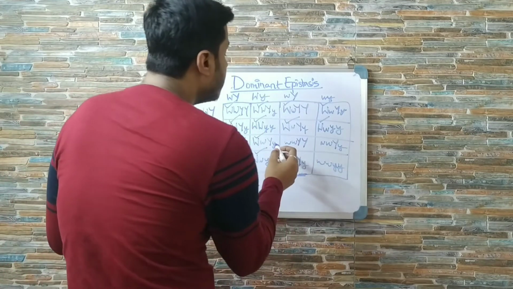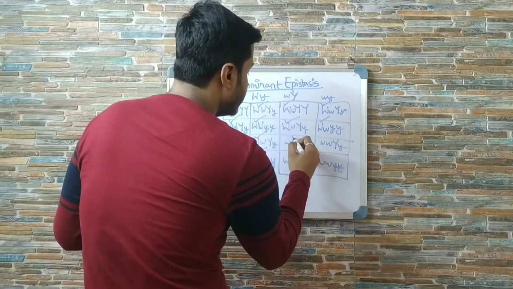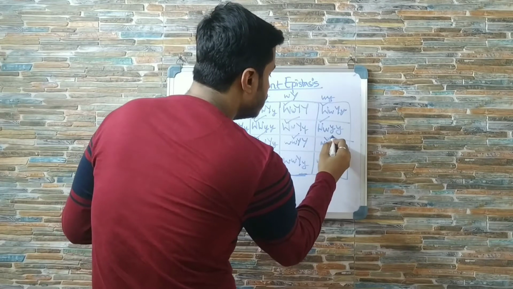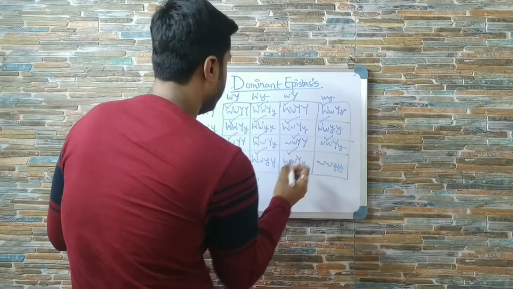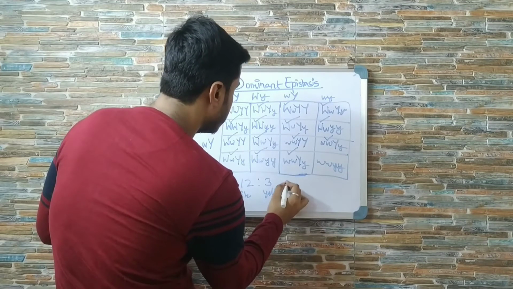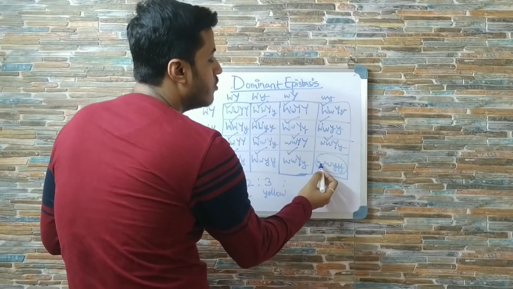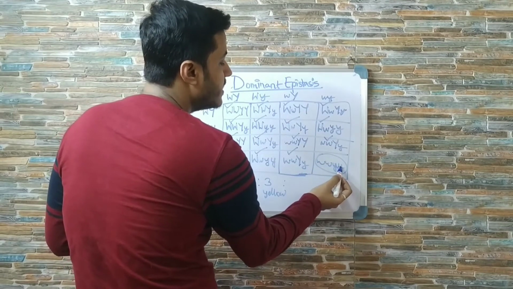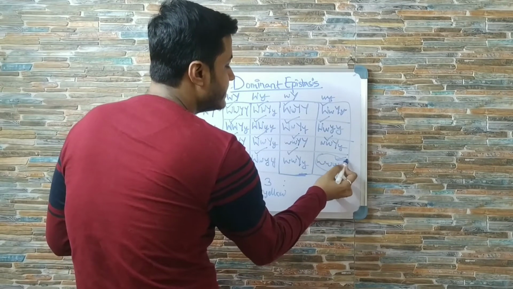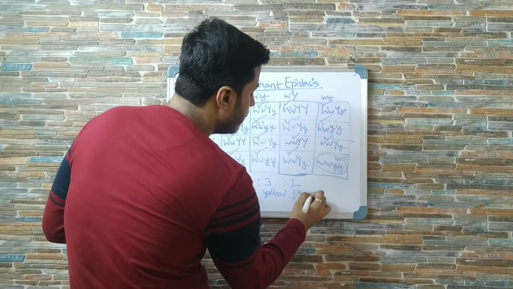Now, wherever capital W is absent, the color will be yellow. That is 1, 2, 3. So 3 are yellow. The only one which is small w, small y, that is the recessive, will be the one which is of green color.